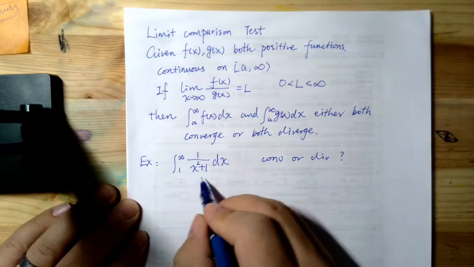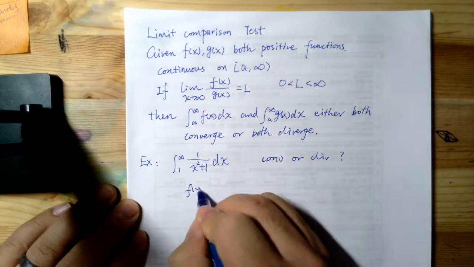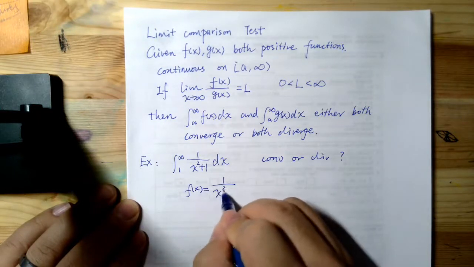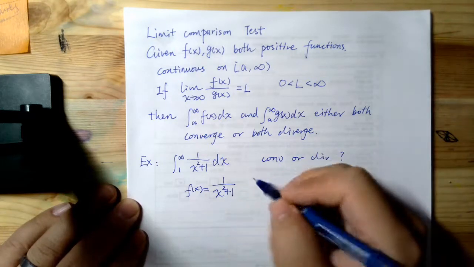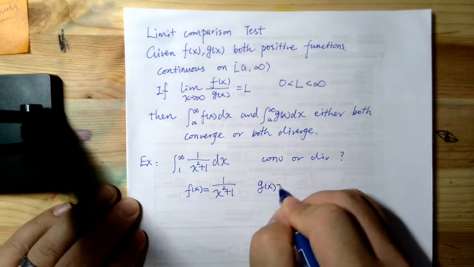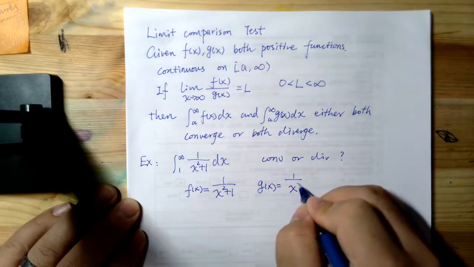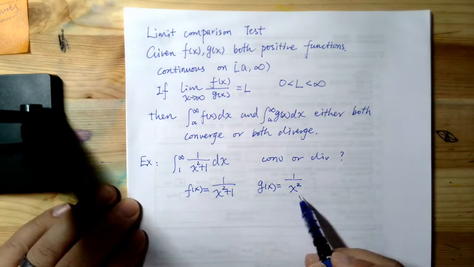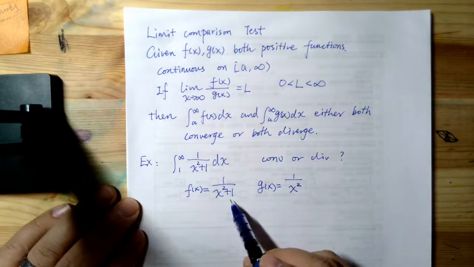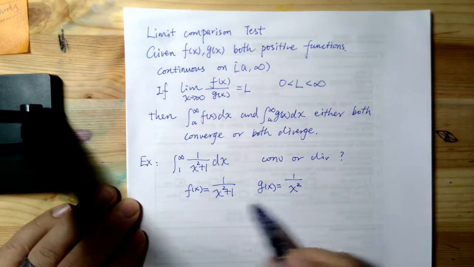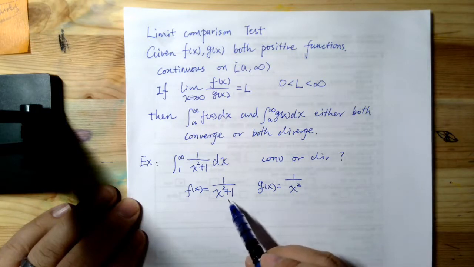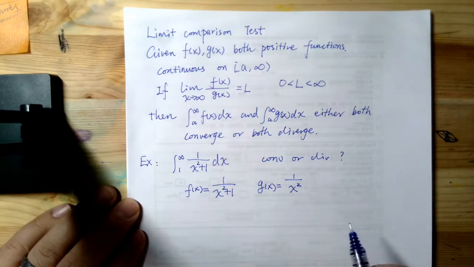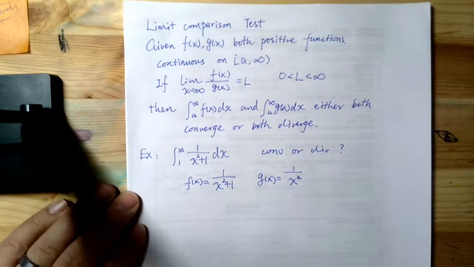So here, if I denote f(x) as 1 over x squared plus 1, very naturally you can think maybe g(x) could be 1 over x squared. Why? Because those two look similar, but this 1 over x squared is definitely easier, a cleaner and neater function compared to this one. So that's the way to find the paired function here.